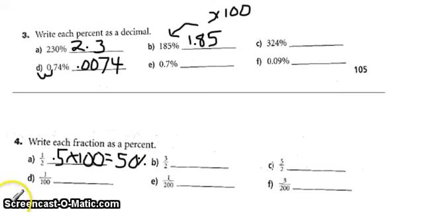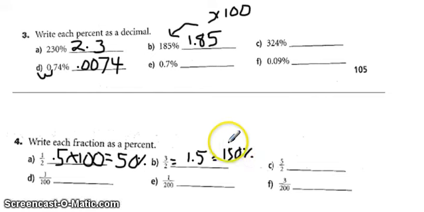Okay, so I could do the same for all of these other questions here. I could say 3 divided by 2 is going to be 1.5, and then all I'll do is multiply by 100, and that's going to give me 150%.